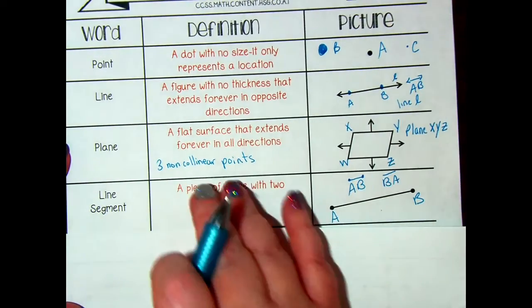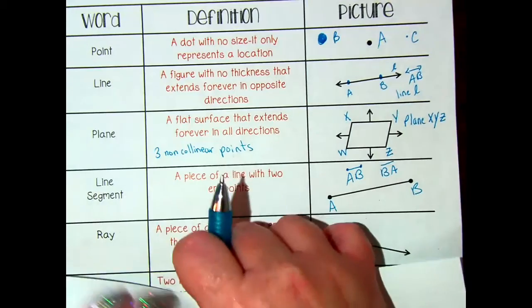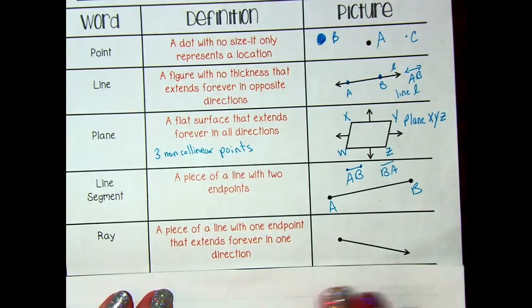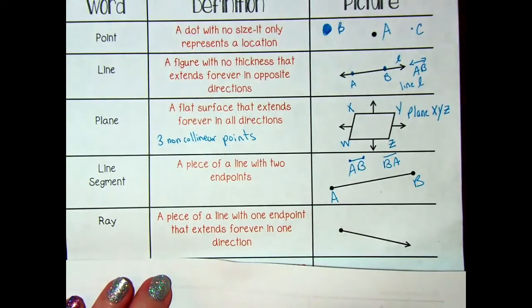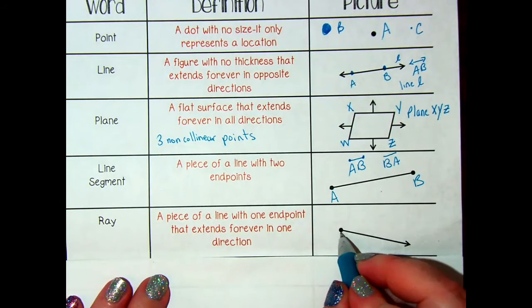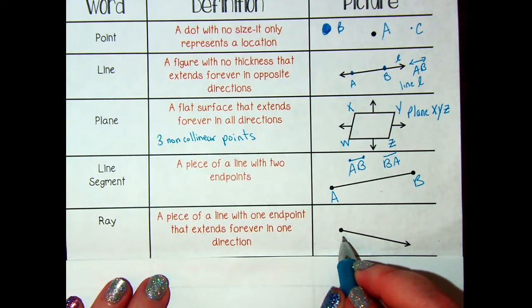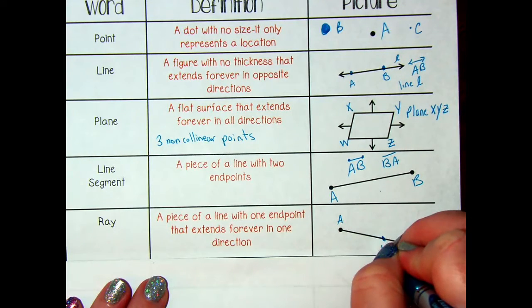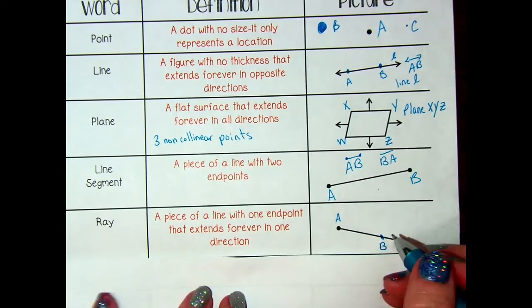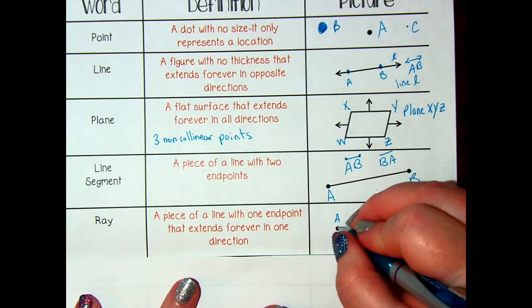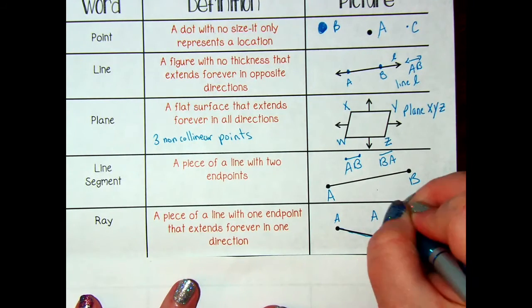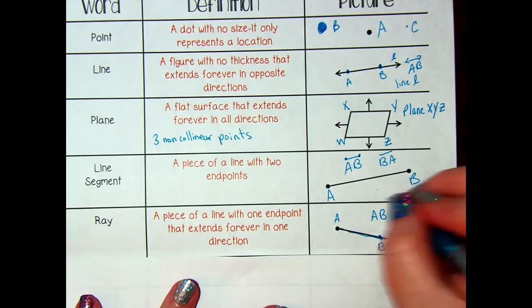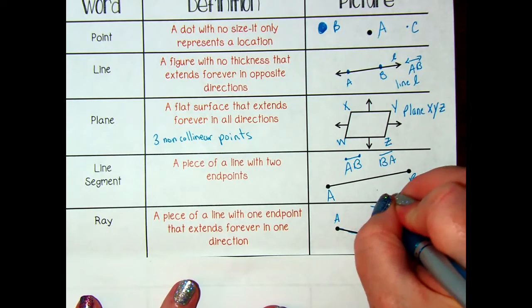The next new term that we're going to learn is a ray. A ray is a piece of a line that has 1 endpoint, and it extends forever in one direction. So again, if I name this A and B, just for argument's sake, because this starts at A and goes toward B, I write it that way, and my symbol is a ray.